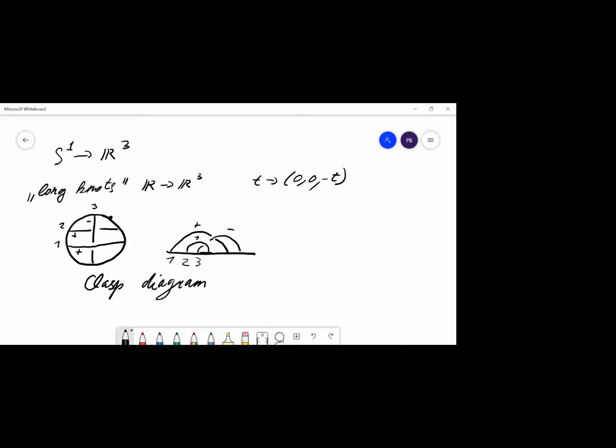So the order is natural, and we can encode a clasp diagram by an n by n matrix.